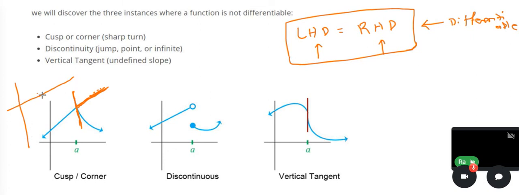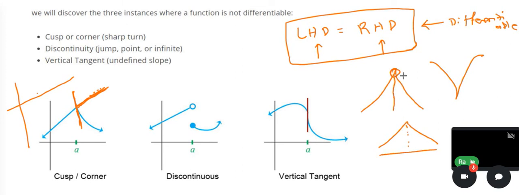So these are going in different directions, and obviously the slopes of these two tangents are not equal, which implies it is not differentiable at this particular point called A. So remember that whenever you have sharp turns like this or like this or like this, and you try to analyze the differentiability at these points, particularly this point, not the other points.